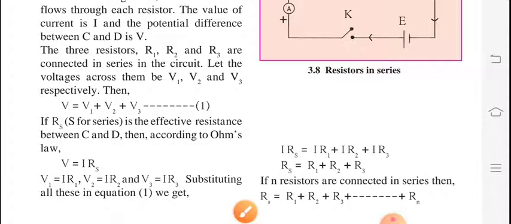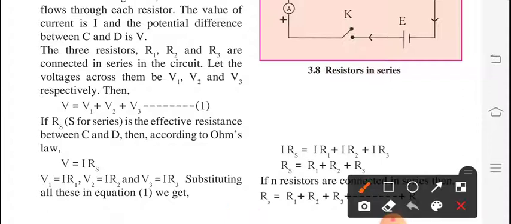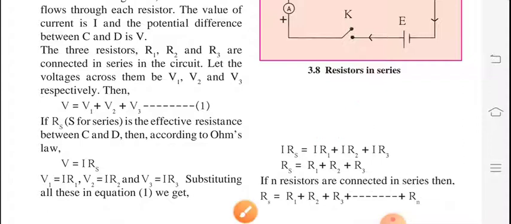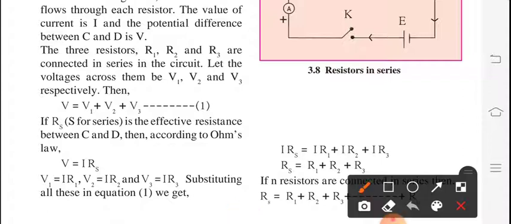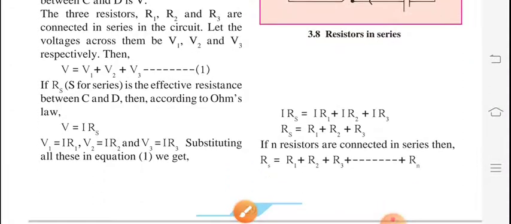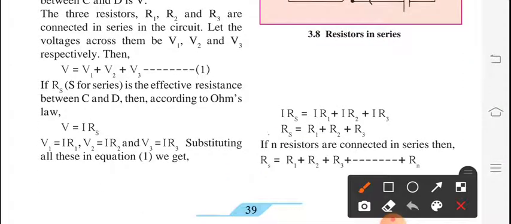Okay, so we can take I as common. If I take I as common, then in the bracket it will be R1, R2 and R3. So from the left hand side and right hand side I gets cancelled. So we will get RS is equal to R1 plus R2 plus R3.